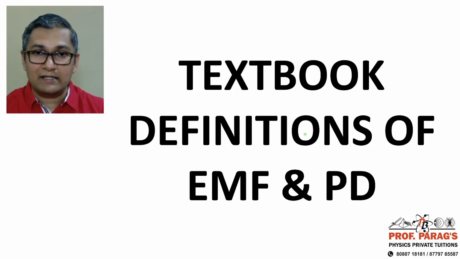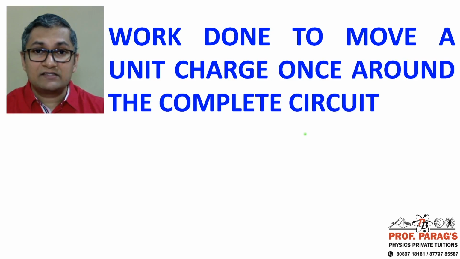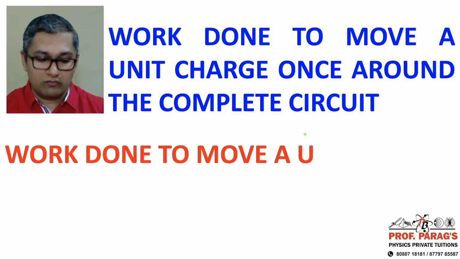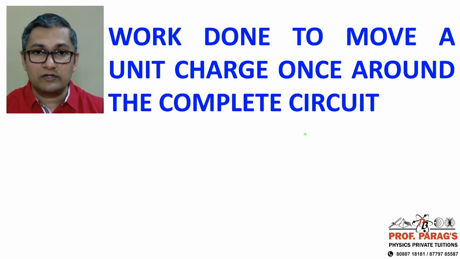And what about the textbook definition? What are you going to write in the exam, in the college exam if it comes? EMF is defined as the work done to move a unit charge once around the complete circuit. Why are we using these words? Unit charge, so I'm going to use 1 coulomb. Complete circuit, what does that mean? That means EMF is nothing but 2 volts, which was 1 volt plus 1 volt. So again, work done to move a unit charge.